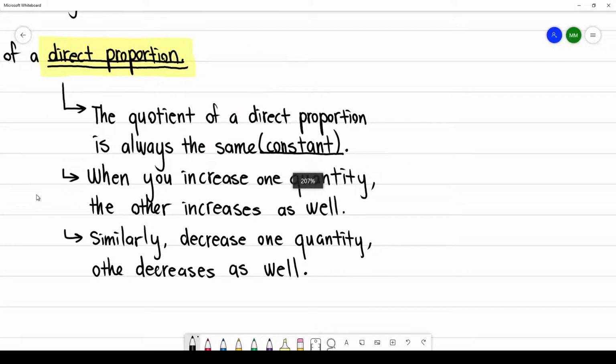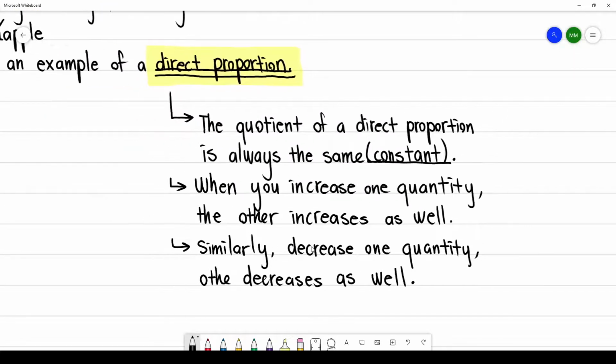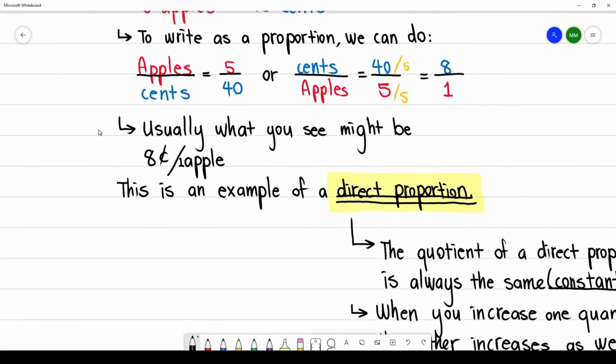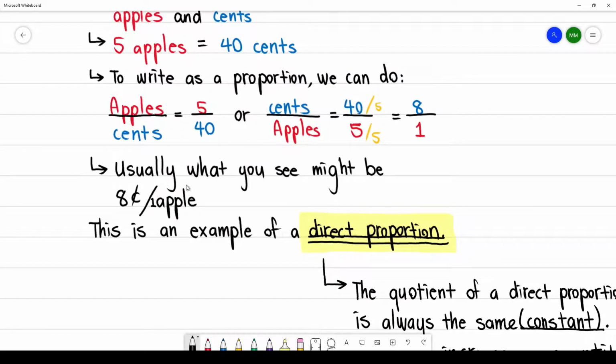For direct proportion, I want you to remember that when you increase one quantity, the other increases as well, and when you decrease one quantity, the other decreases as well. I think that is pretty obvious: when you want more apples, you need more money to buy them, and when you want fewer apples, you don't need as much money.